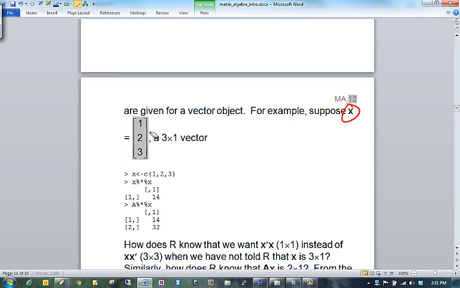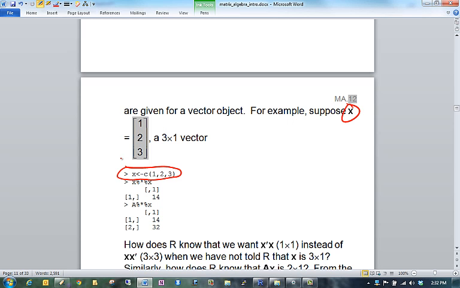I could use the matrix function in R to define it, but instead, just to illustrate, I'm going to use the c function. I'm going to put 1, 2, 3 together in what R would refer to as a vector.